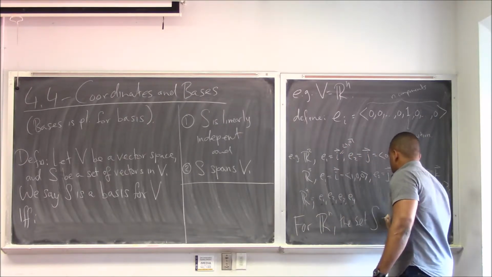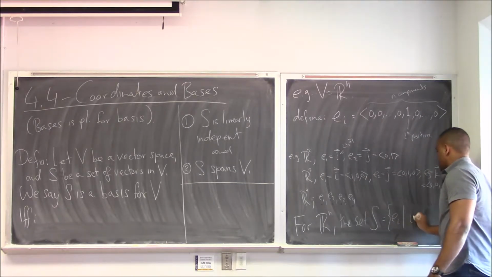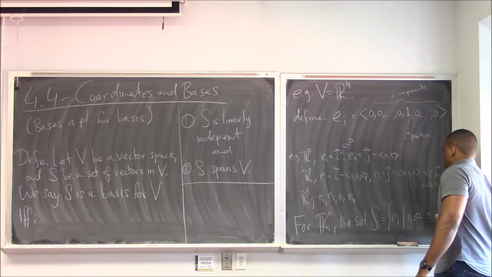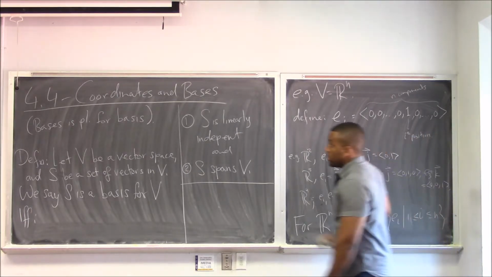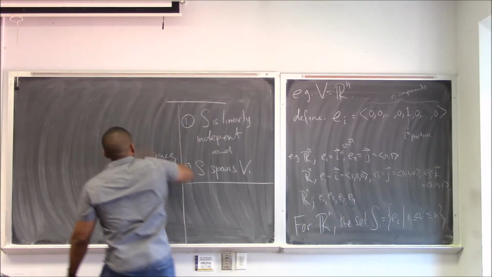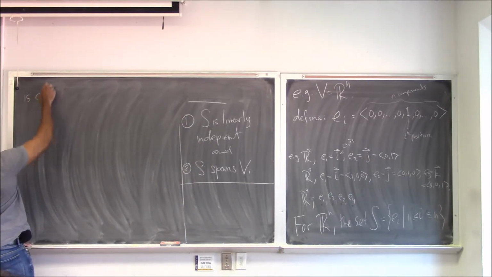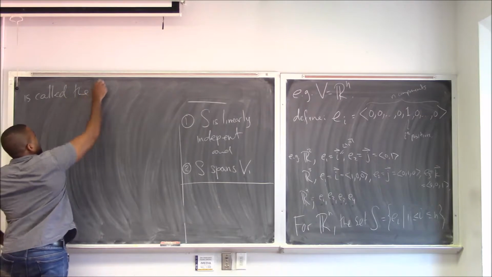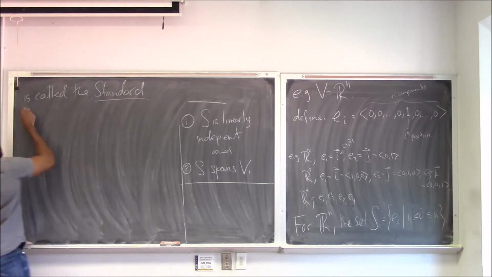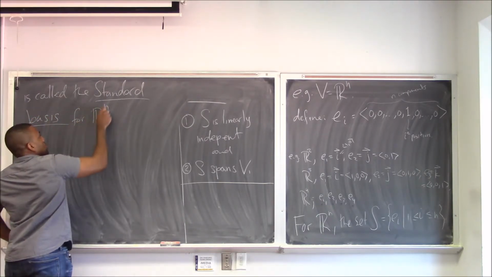the set S equals the set of all e_i such that i goes from 1 up to n is called the standard basis for Rn.